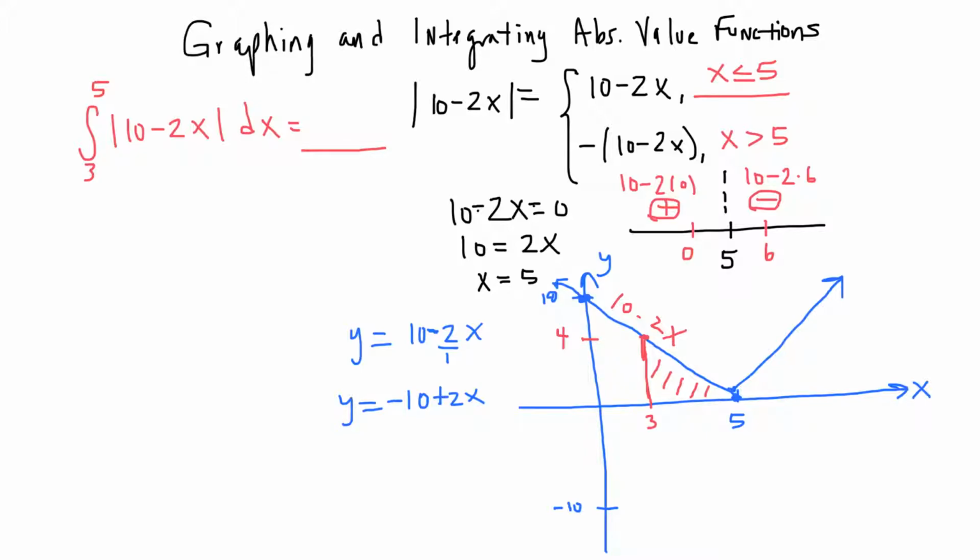So now I know the height of the triangle is 4, and the base is 2. So then the area will be 1/2 times 4 times 2, which is 4. Is that the answer you got? I hope so.